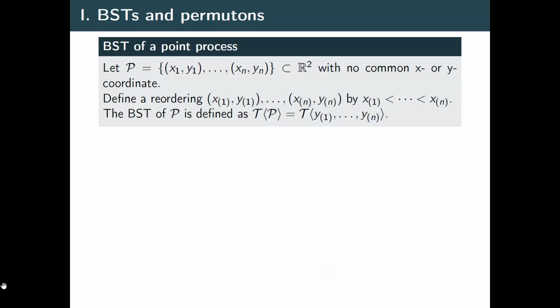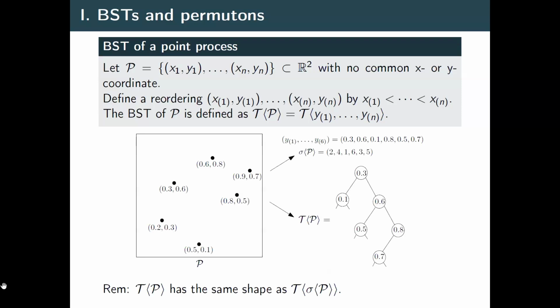Well, you can study the BST of the sequence of y coordinates. So if you have a point set, you can define on the one hand a permutation and on the other hand a BST. And the BST of the point set will have the same shape as the BST of the permutation, because the BST of the point process here depends on the sequence of y coordinates, which has the same relative orders as the permutation.